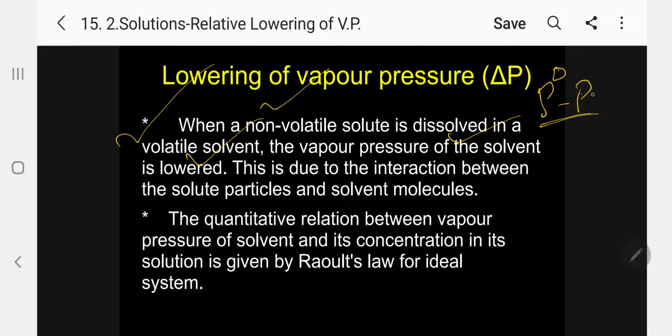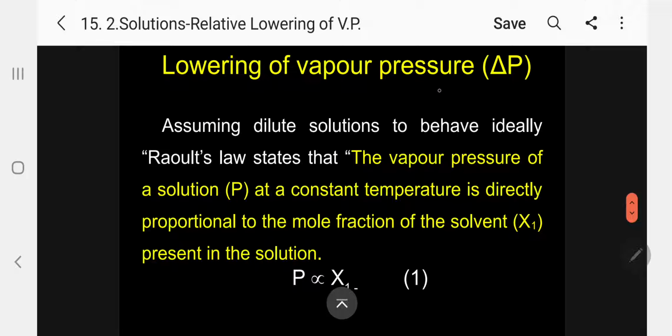This is due to the interaction between solute particles and solvent molecules. The quantitative relationship between the vapor pressure of a solvent and its concentration in solution is given by Raoult's law for an ideal solution.